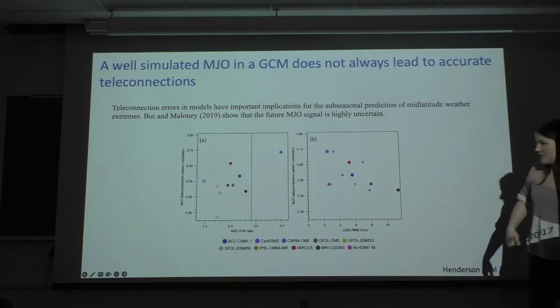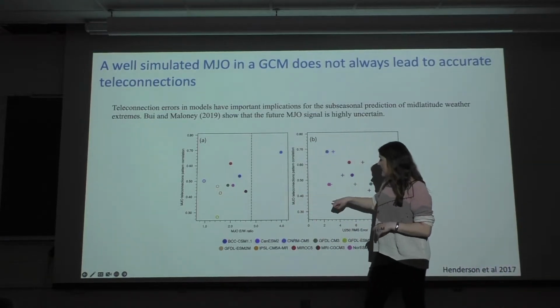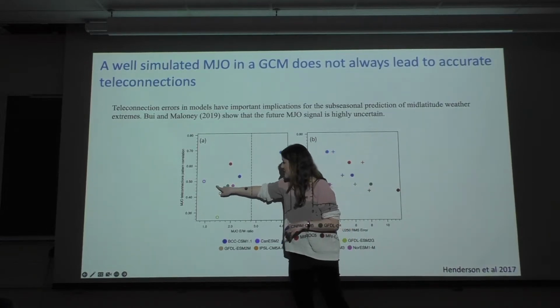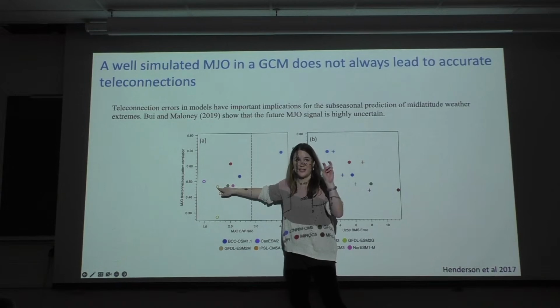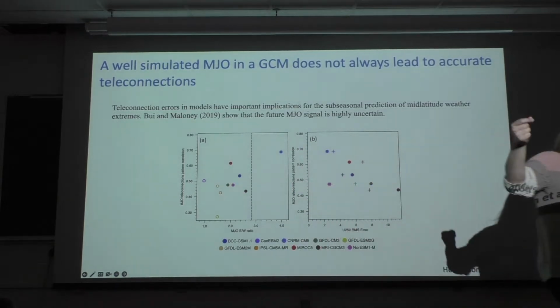For example, this pink circle here had a decent basic state, but its MJO teleconnections were just as bad as some of the poor MJO teleconnections, right? So there's something still different here that we weren't able to measure at that point.